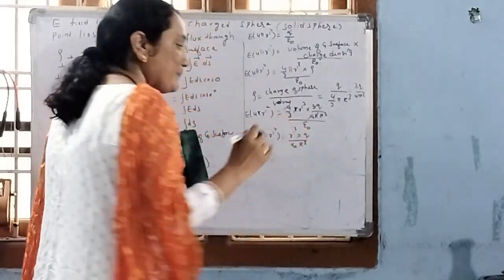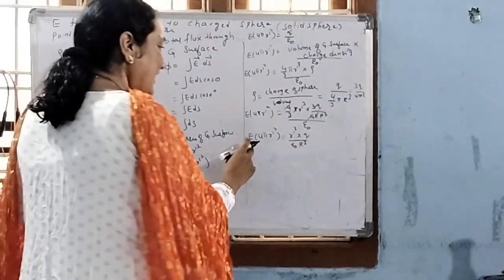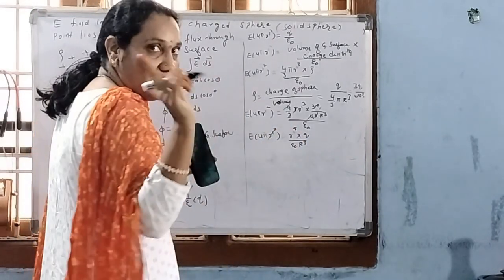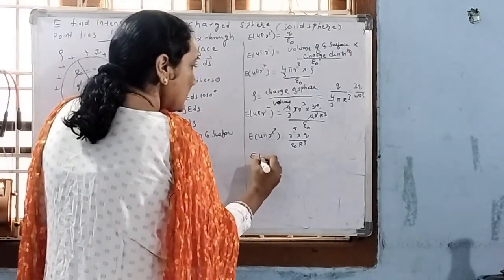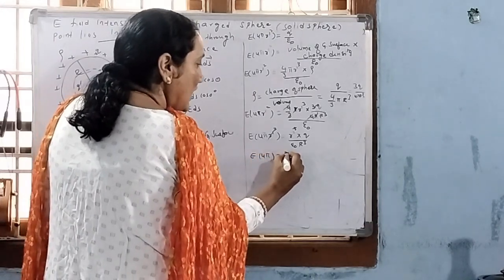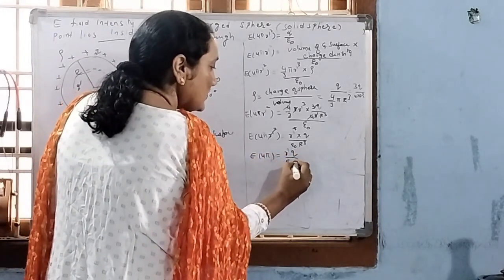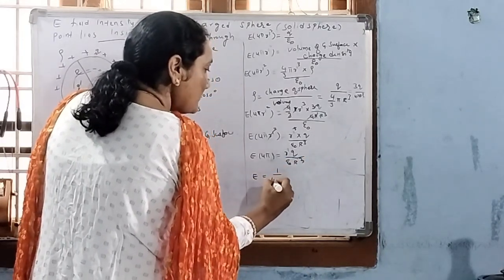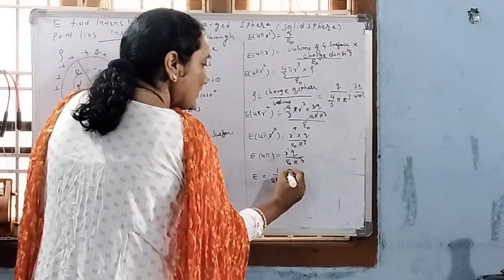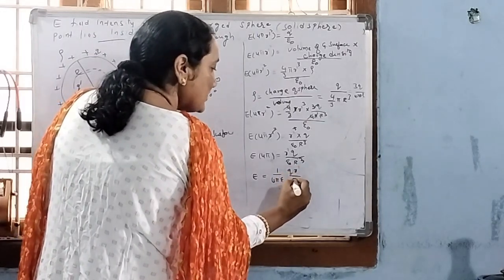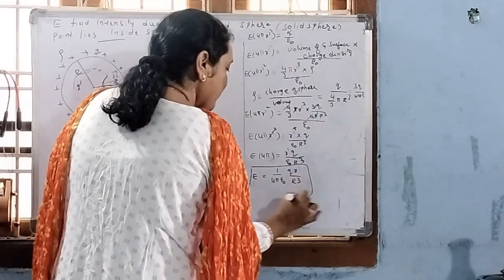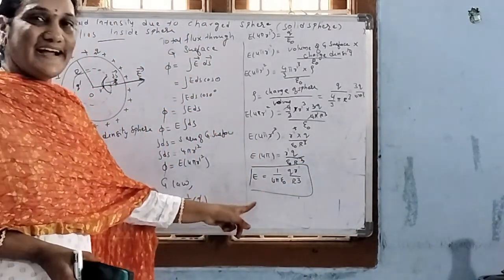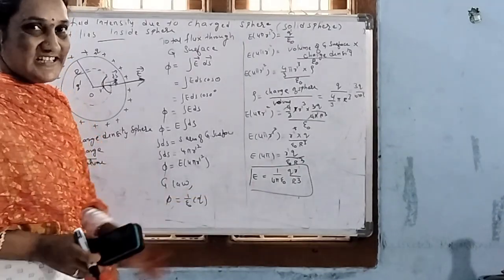Now r dash square, r dash cube, one r dash will be remaining. So E into 4 pi equals q r dash by epsilon naught r cube, or E equal to 1 by 4 pi epsilon naught q r dash by r cube. So this is electric field intensity when point lies inside the sphere.